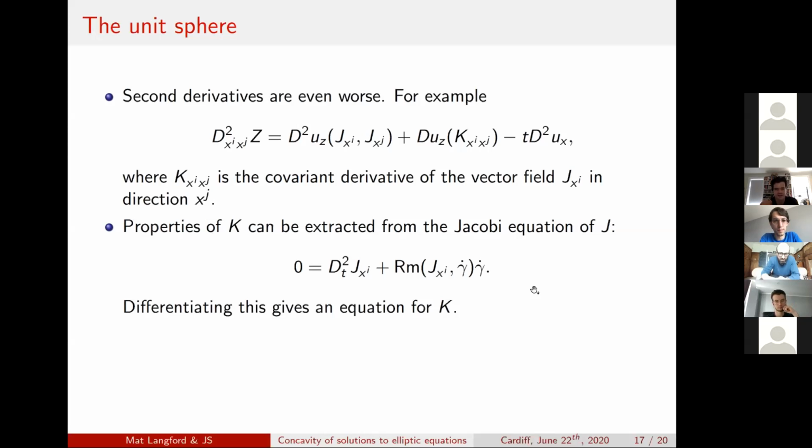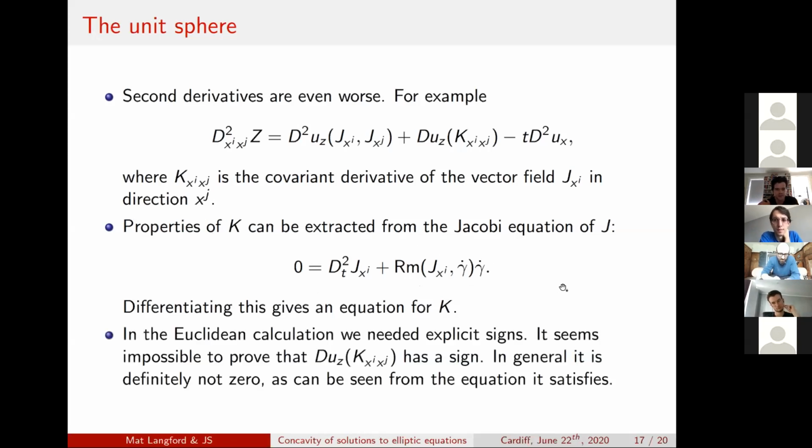Notice that when we did this earlier computation, you need signs everywhere. There's no way to estimate anything. You just need signs to make everything work. We need the concavity function to be non-negative, so you really have to know what sign all of these terms carry. If you differentiate that again, you will get all kinds of junk, so it will definitely not have a sign. We could actually prove this, because even on the sphere you can show it's not zero and it will change sign.